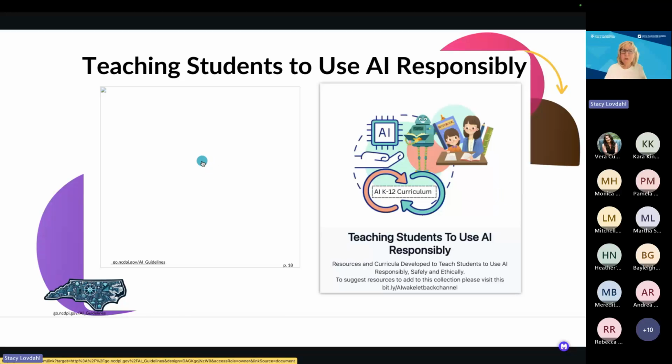I don't know if this is showing up on your screen, but this is a screenshot of page 18 of our NC guidance. So I wanted to kind of hone you in on where AI literacy is addressed for students in the North Carolina guidance document, and it should be linked in your slide deck, so you could go directly there.